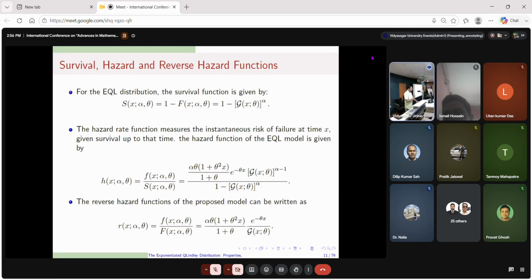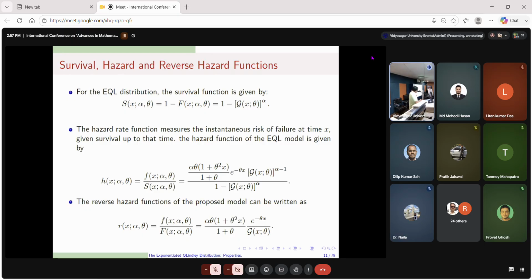So these are the survival, hazard, and reverse hazard rate functions. Generally, S(x), the survival function, is nothing but 1 minus the CDF, and this is the form of the survival function. Next is the hazard function, which is the PDF divided by the respective survival function. This is the hazard rate function.